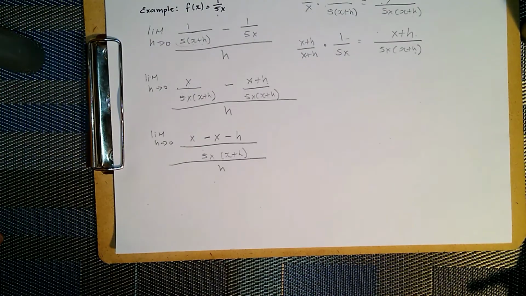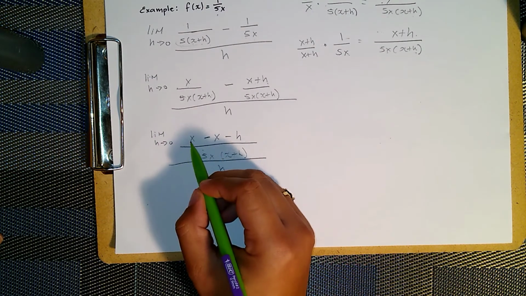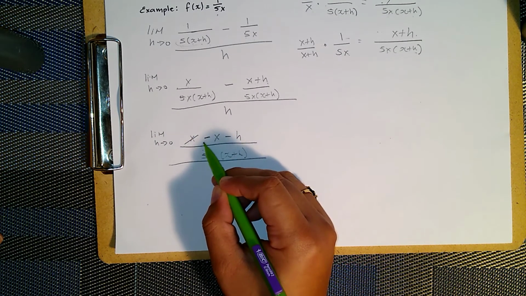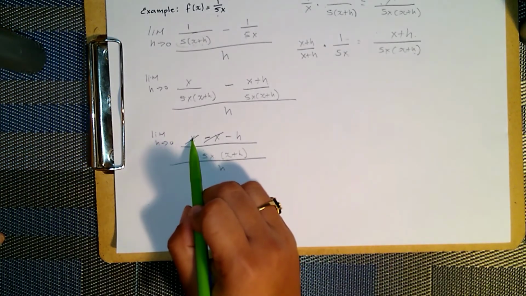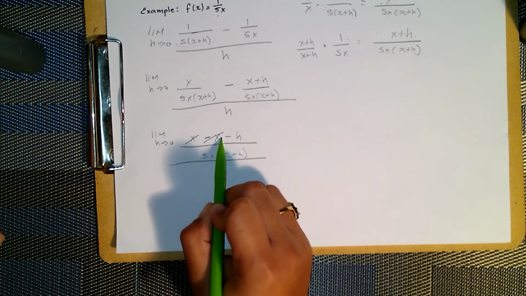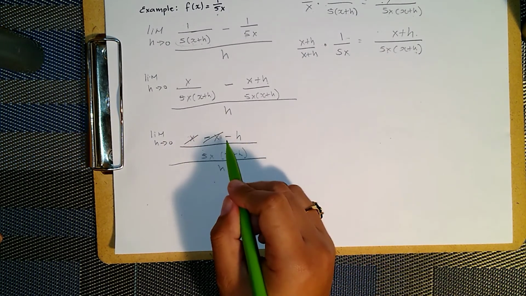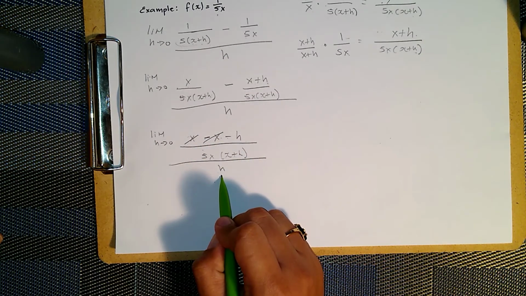Okay, so now we look for the like terms and we cross them out. X minus x cancels out. Now you also have negative h divided by h.